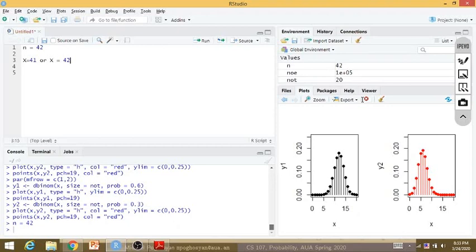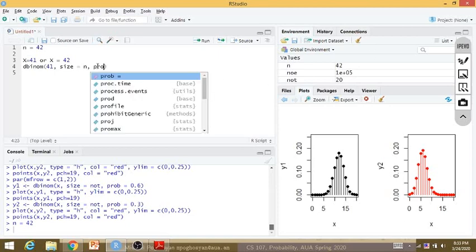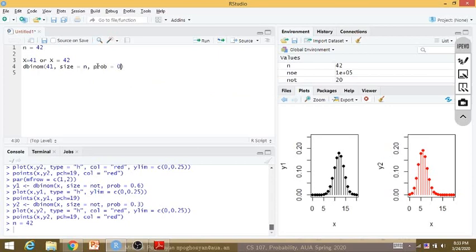So the probability that X is equal to 41 is given by dbinom. So this is the PMF value at 41, when size, the number of trials, is equal to n, n persons reserve it, and the probability of success, of showing up, is 0.75.